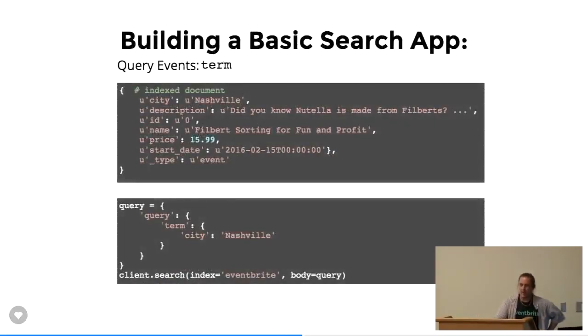All right, so that was like the hello world of making a query, but there's a lot of different things you can do to craft the notion of relevance. What is an important document? What should match? What should not? And the smallest building block for these is the so-called term query. So if we have an index document, it's an event in Nashville.